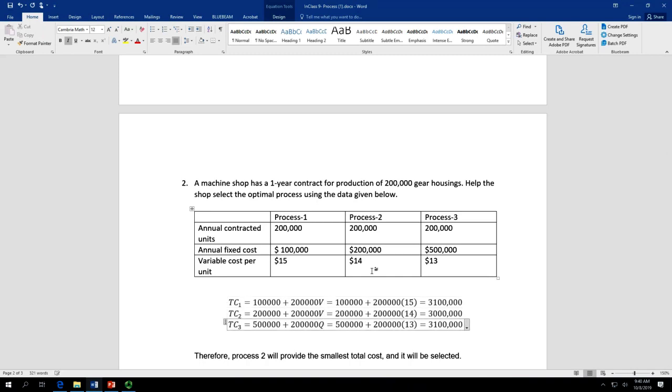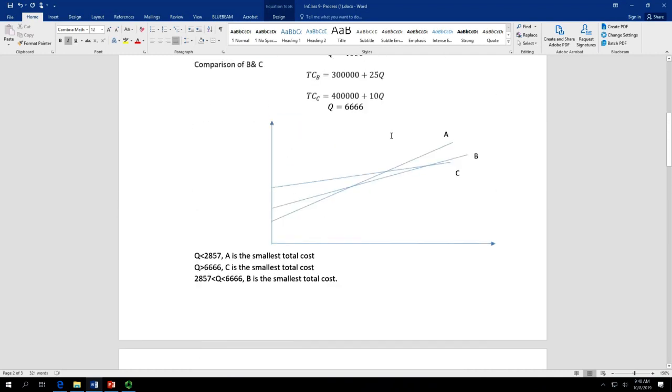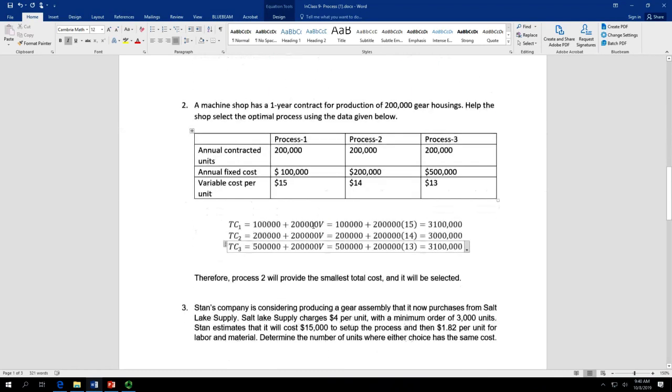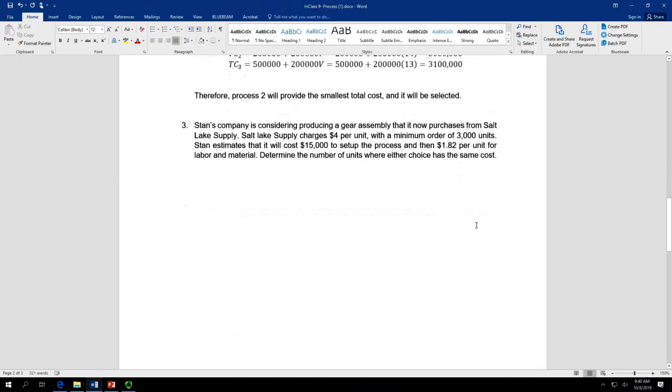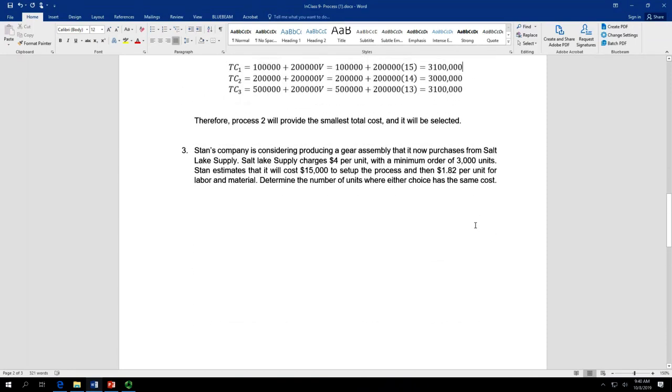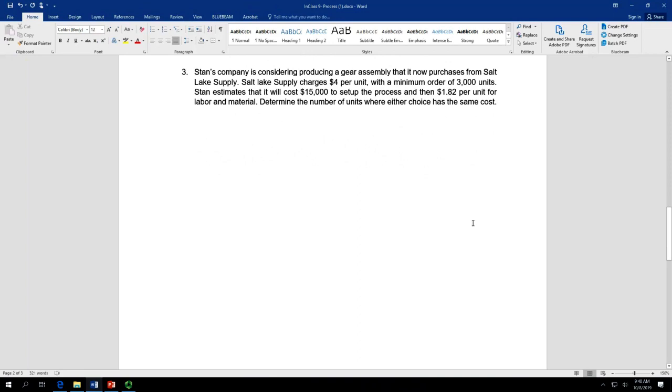You can still use the first strategy to solve the problem, but because we have the quantity level already, we can use the formula to find out which one has the smallest total cost. So today we are going to solve problem 3 and 4.